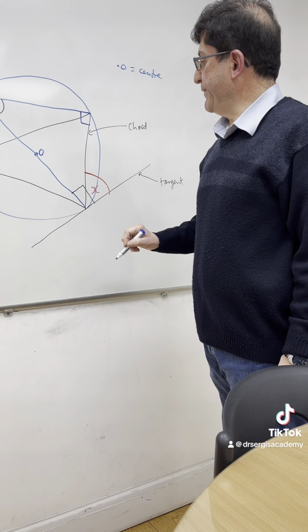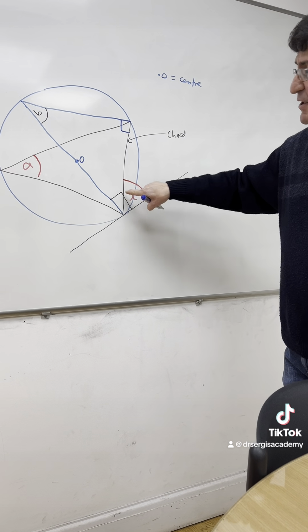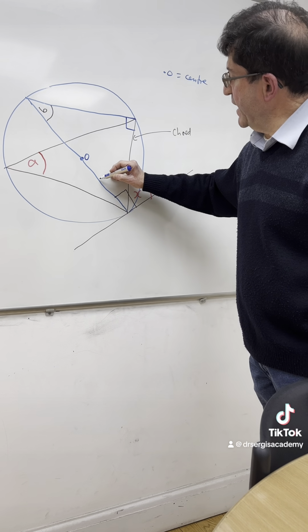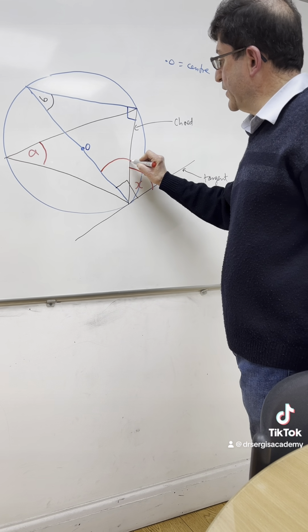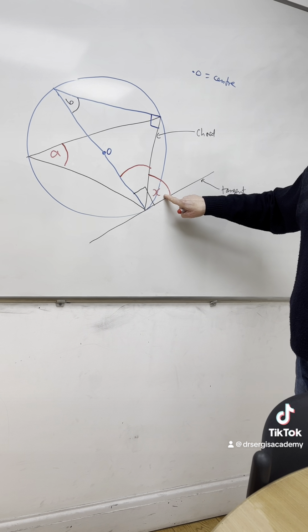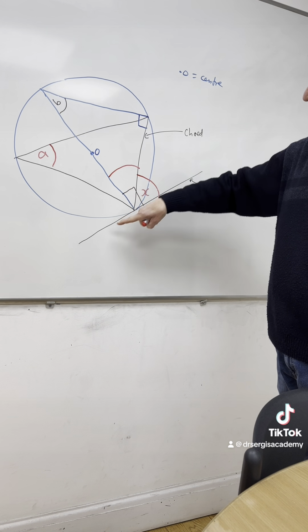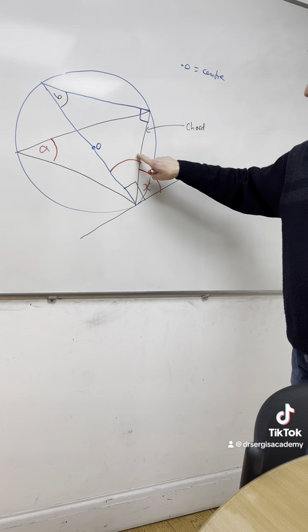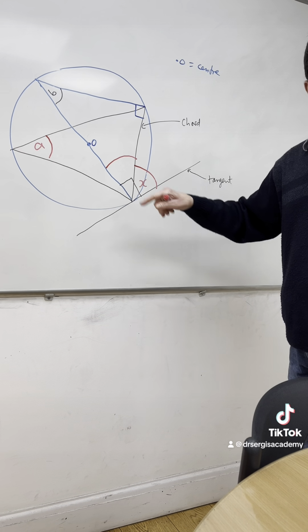Okay, so therefore, remember, if this angle from the diameter to the tangent is 90 degrees, then surely this angle, let's label it in red, must be 90 minus x, because the radius makes 90 degrees to the tangent. So therefore this angle must be 90 minus x.